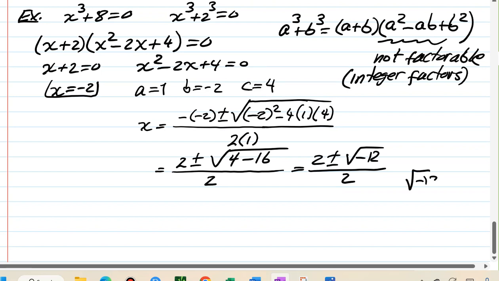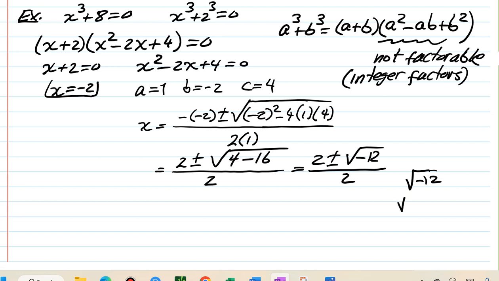Again, root negative 12. We can write this as 4 times 3 times negative 1. Square root of 4 is 2. 3 remains in the radicand, and square root of negative 1 becomes the i, the imaginary unit. So the answer is 2 divided by 2 plus or minus 2 root 3 i, divided by 2.